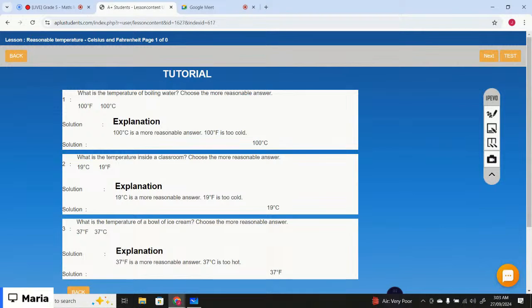You have 100 Celsius and 100 Fahrenheit. You have to see which is reasonable. Boiling water must be at 100 degrees Celsius, because 100 Fahrenheit is too cold.